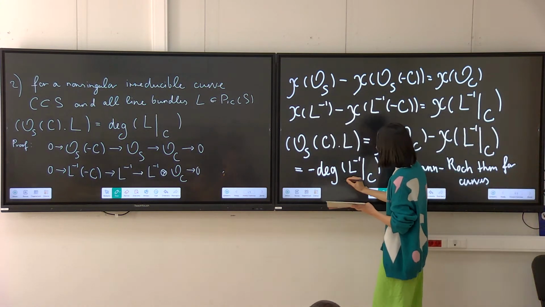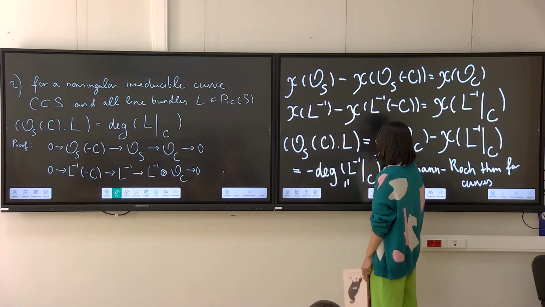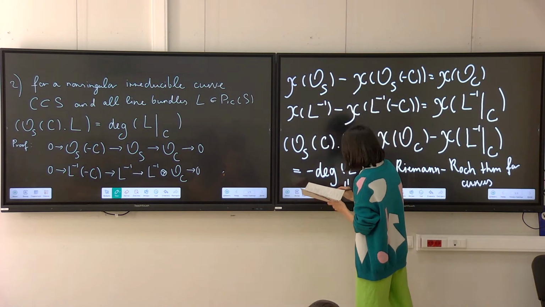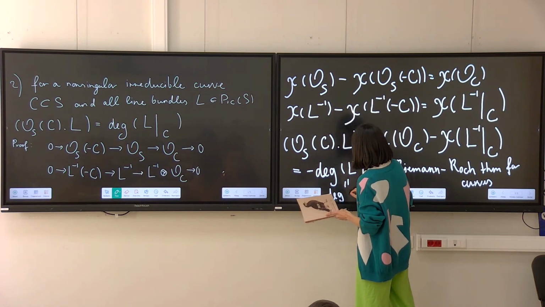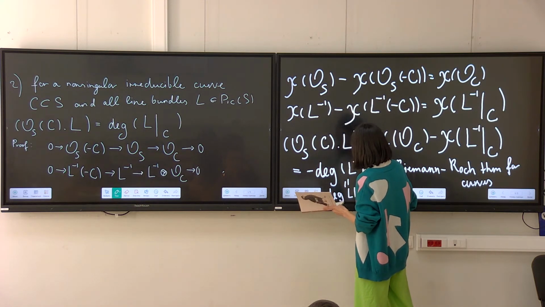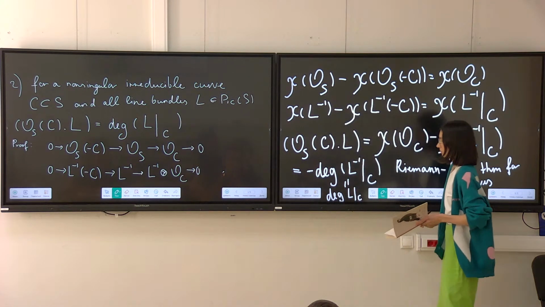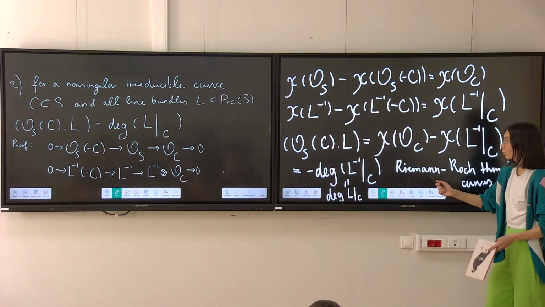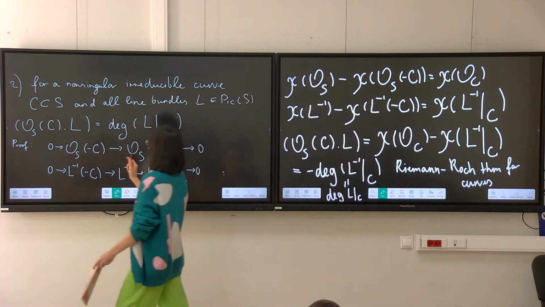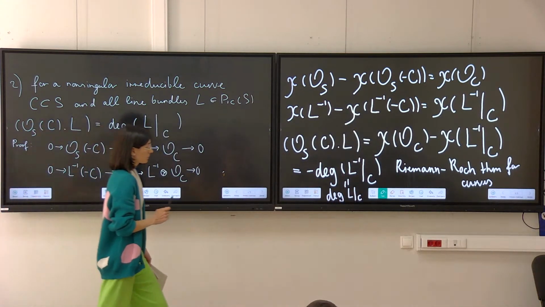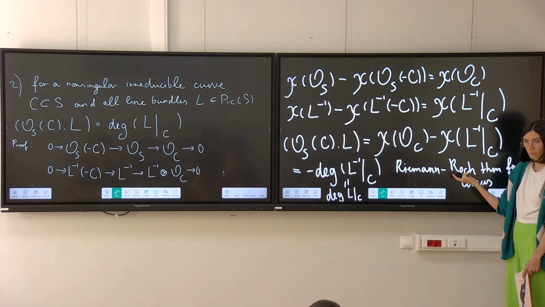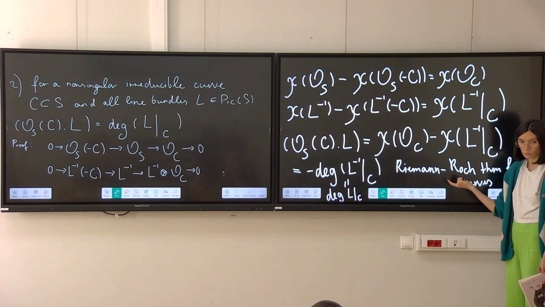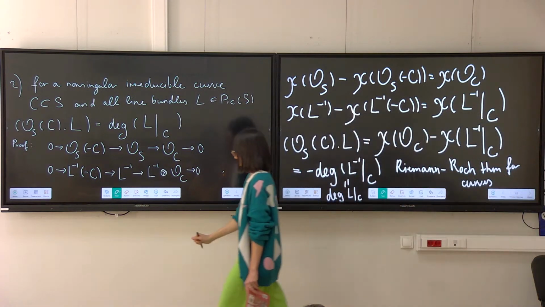And this is, of course, the degree of L restricted to C, right? So we get this formula, and everyone knows what the Riemann-Roch theorem for curves is, I suppose. Great.